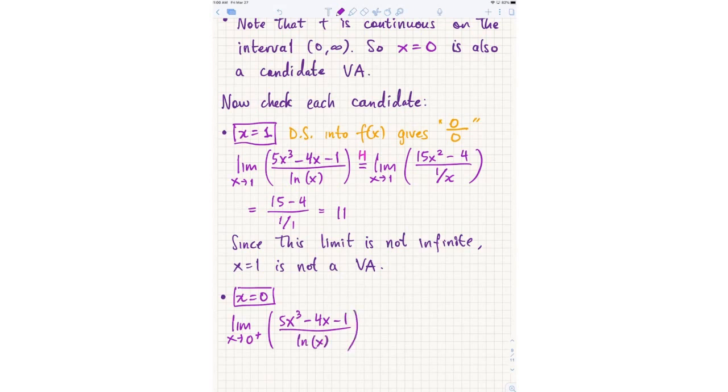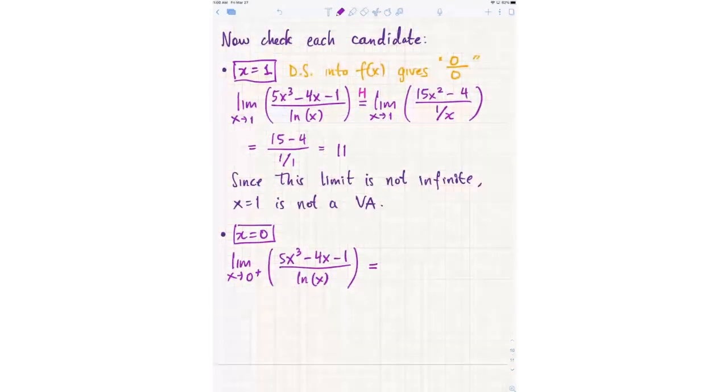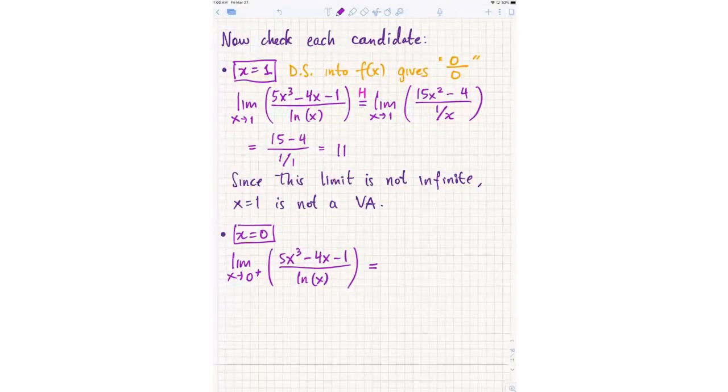So what do we get here? This is interesting. What happens as x goes to 0 from the right? Clearly the numerator just gives me -1. That's not really the hard part. What happens to ln of x as x goes to 0 from the right?